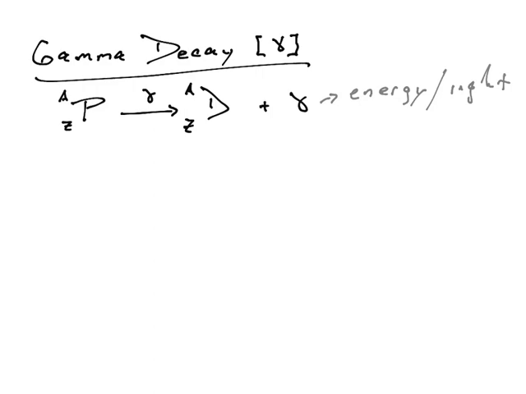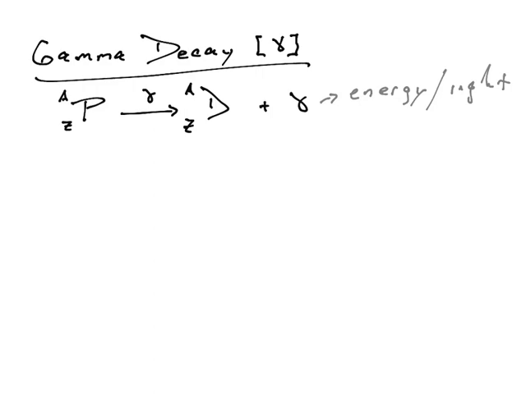And when it lets off energy, it lets it off as light or energy. And so you don't change the number of protons, you don't change the number of neutrons, so your element's the same, your nucleus is the same. It's just that you lost energy from the nucleus. And that's gamma. And that's it. That's the three main types of radiation.